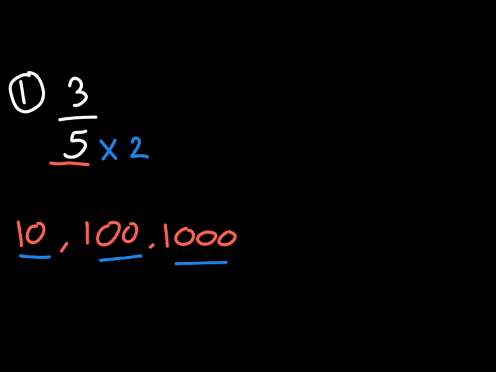And as you should know, if we multiply this denominator by 2, we will get 10 because 5 times 2 is 10. Now we need to do the same thing to the numerator. Since we multiplied by 2 at the bottom, we need to do the exact same for the top.